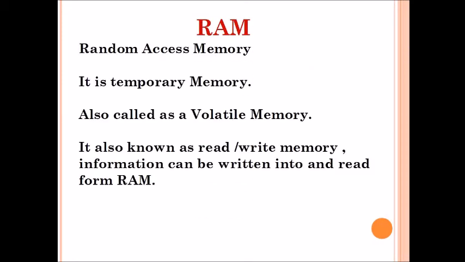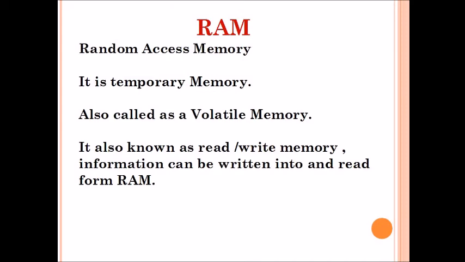The first is RAM, the random access memory. This is a temporary memory and is also called volatile memory because the information stored in it is lost as soon as we switch off the power supply. That's why it is also called volatile memory. It is also known as read and write memory.